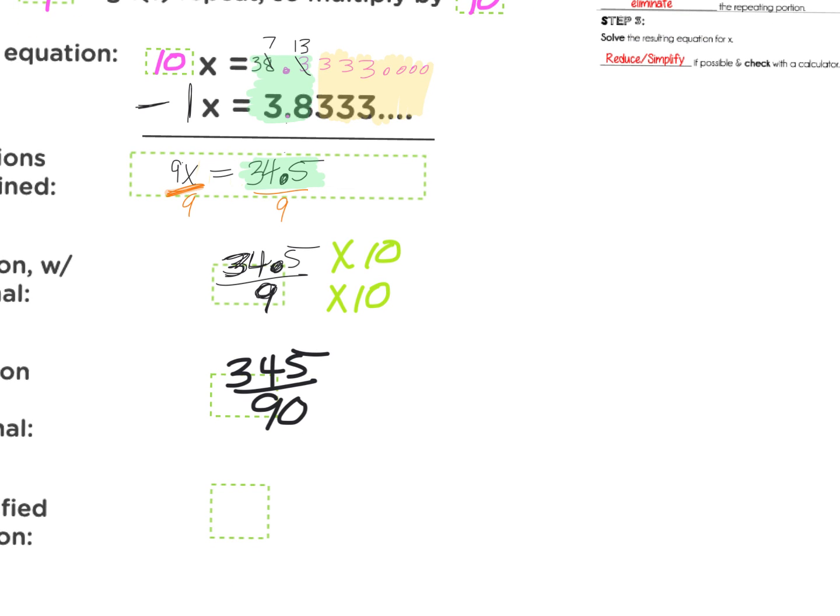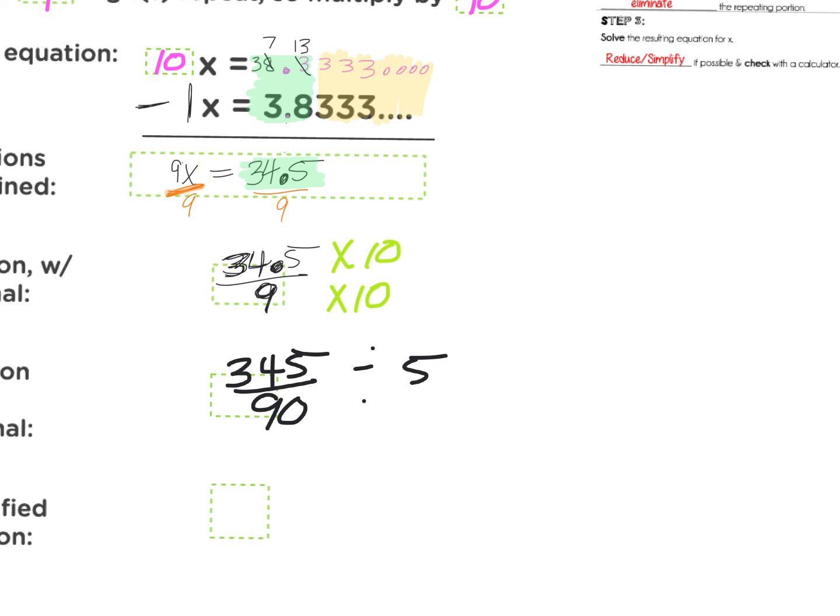And then don't do what I did last night and forget to simplify it all the way. The first thing I noticed right away is that they're both divisible by 5 because this one ends in a 5 and that one ends in a 0. And I didn't finish it out all the way. If you have to divide them in 2 steps, there's nothing wrong with that.